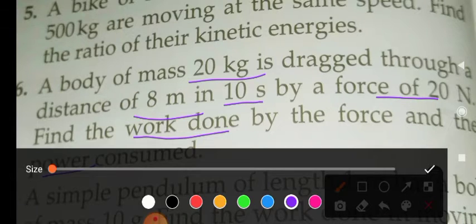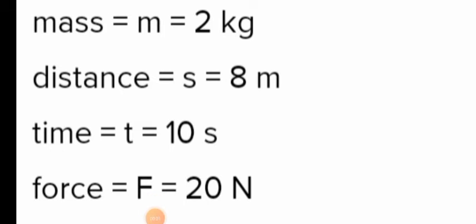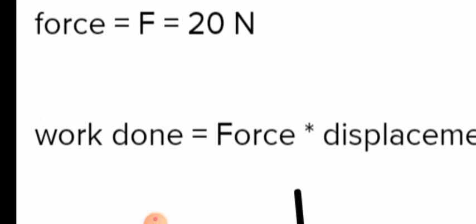Okay. Shall we do it, children? Yes. So the answer: mass is equal to 20 kg, distance is equal to 8 meters, time equal to 10 seconds and force equal to 20 N. This is given in the question.